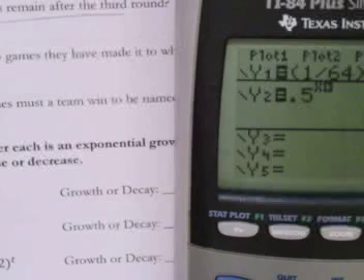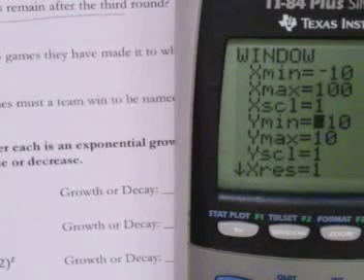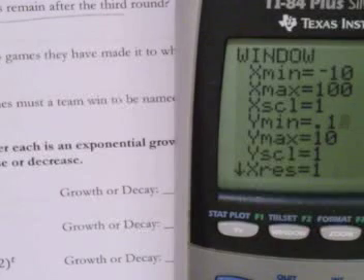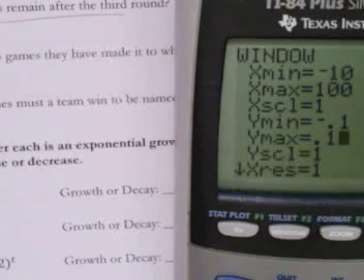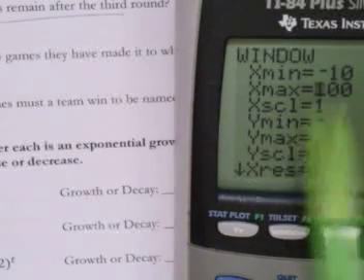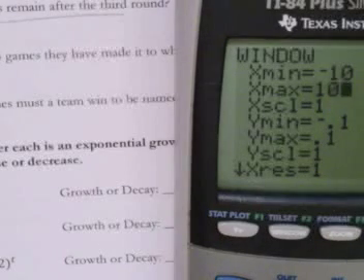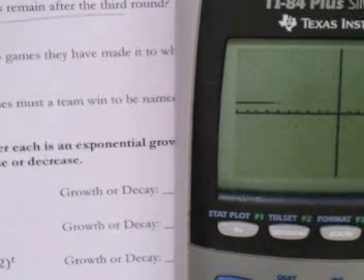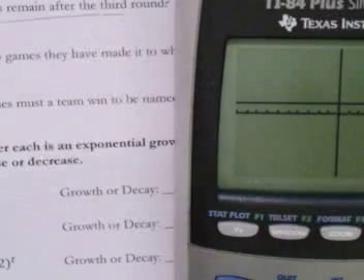And since that's so small, I know that I'm going to have to make my y min and my y max really small. So let's do 0.1, negative 0.1, and 0.1. And see if we see what we need to. And I know that I don't have 100 rounds, so I'm just going to leave my x max at 10. And let's see what our graph shows.